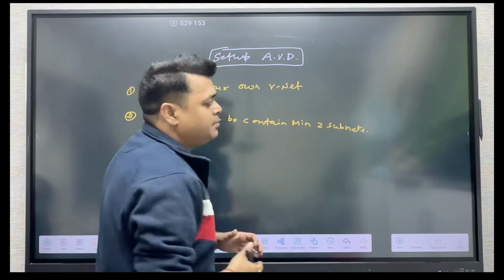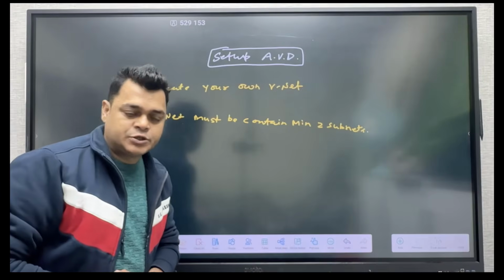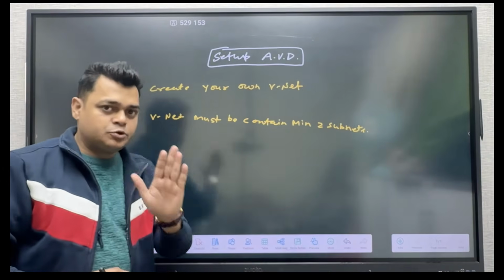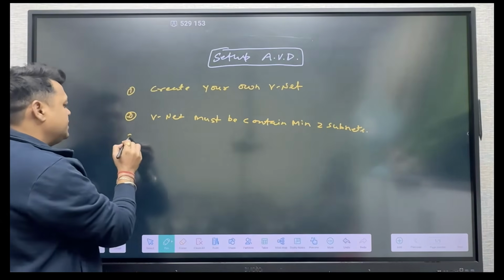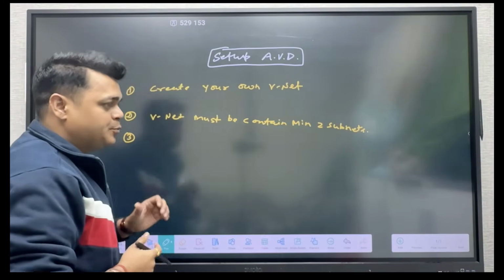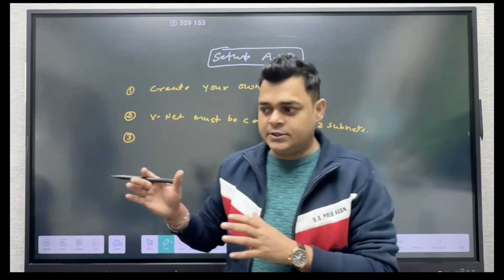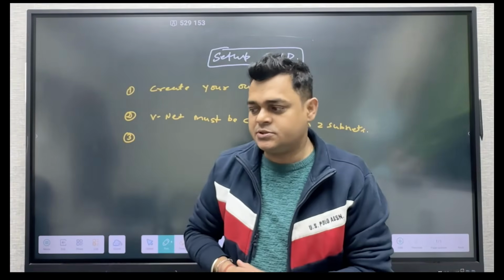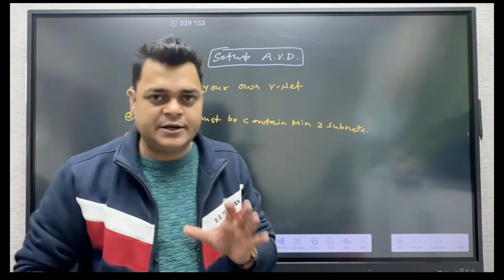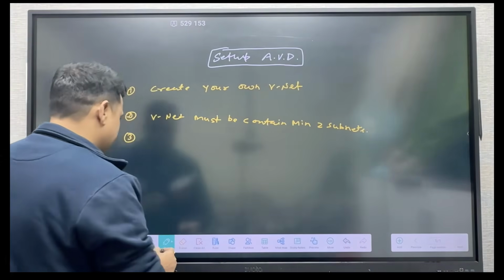Whatever VNets you are going to create for virtual desktop, you should add a minimum of 2 subnets. And number three, this is really important because you can consider it the backbone, because without this particular service we are not able to establish our Azure Virtual Desktop. So it's a mandatory part. I'm talking about the domain controller.